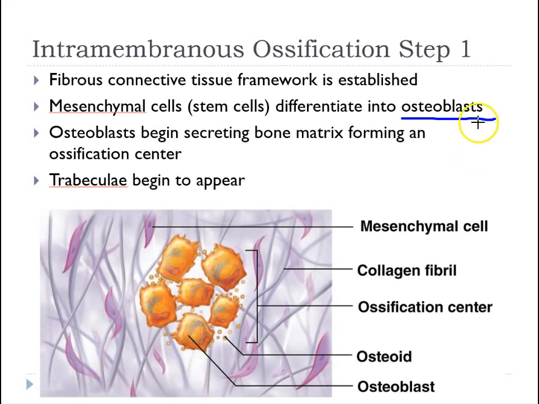An osteoblast, we know these blast cells are going to make something. These osteoblasts begin secreting bone matrix from the center of the bone, and they're making that, remember that trabecular bone starts to appear? Trabecular bone was that webby, spongy bone that we saw in the middle of these types of flat bones.